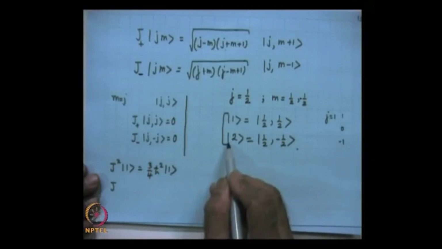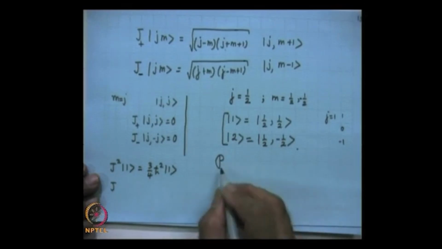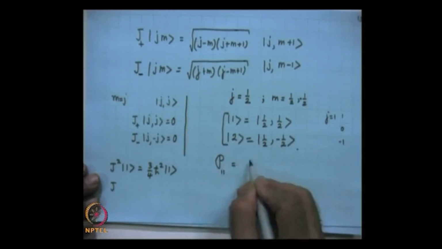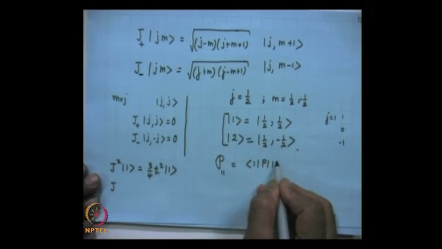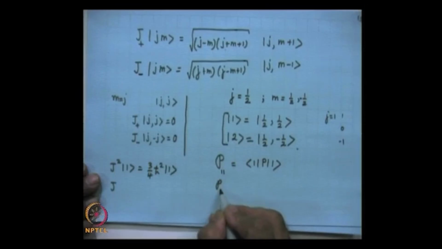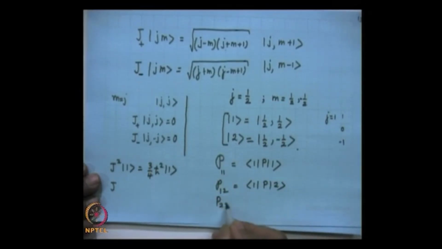So, for any operator, let us suppose operator p, there will be 4 numbers: p 1 1, p 1 2, that is bra 1 p ket 2, p 2 2 and p 2 1. These are the 4 numbers which will be a representation of the operator.